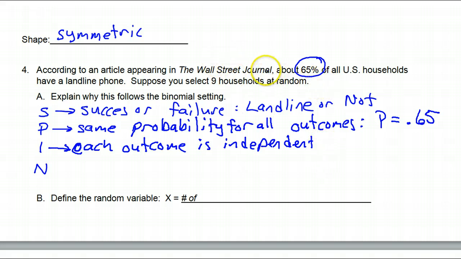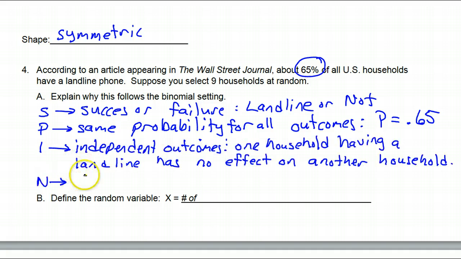In other words, whether or not the Smiths have a landline has nothing to do with whether or not the Joneses have a landline. I reworded it a little bit so that would all fit. I was running out of space. So, independent outcomes. One household having a landline has no effect on another household.